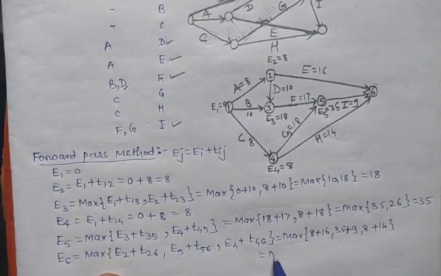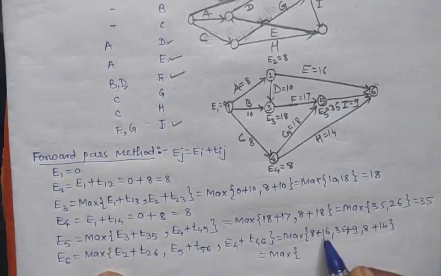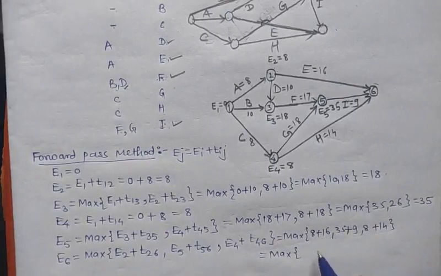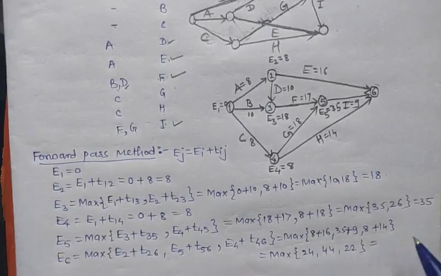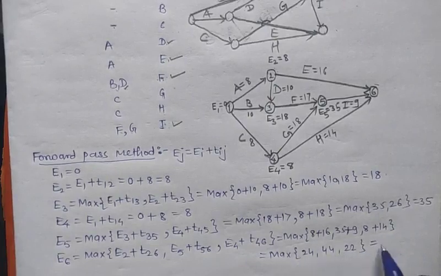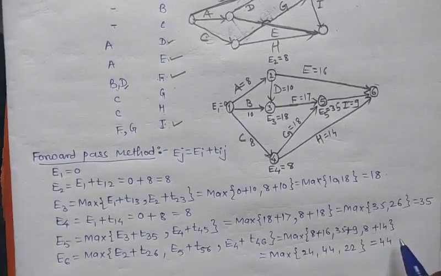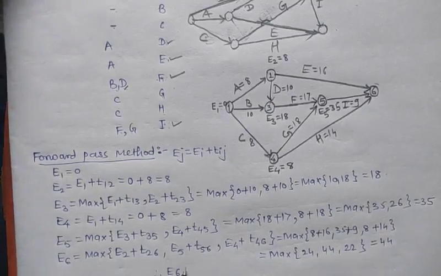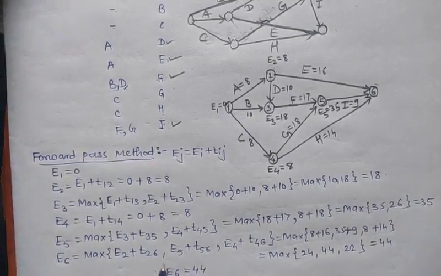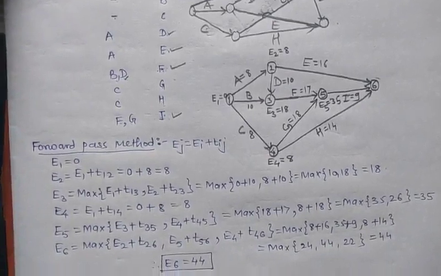Among that, the maximum is 16 plus 8, 24, distance is 44, and this distance is 22. So here among that the maximum is 44, therefore the value of E6 is 44, right? Therefore E6 is 44. So this is the forward pass method.